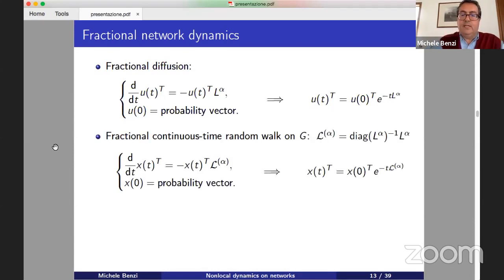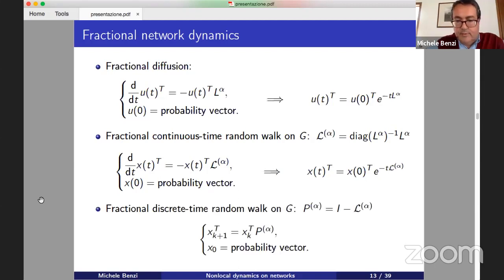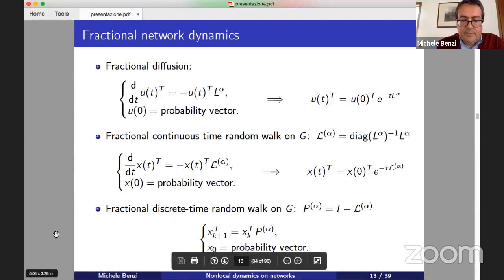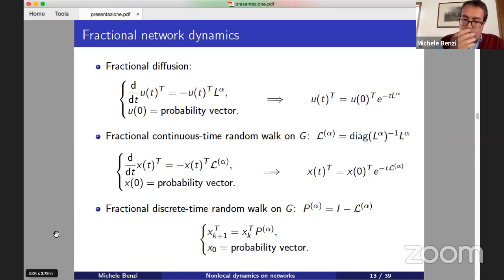Similarly, we can use the normalized fractional Laplacian to define a continuous time random walk, and the solution here is also given by a matrix exponential. And finally, we can also introduce the discrete time random walk, which is the same Markov chain type of process that we had earlier, except that now we use the matrix P to the alpha, which is a row stochastic matrix obtained from the normalized Laplacian.